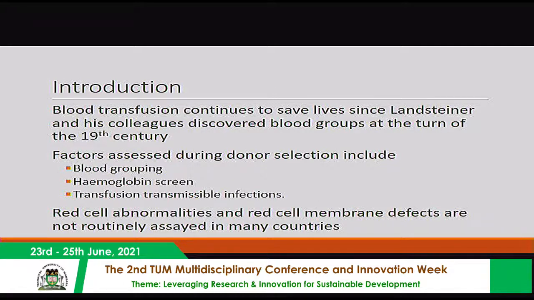Diseases such as HIV are acquired. We also have things like your hemoglobin level, which is what you have yourself. Ideally we assess these factors so that when we give someone else your blood, they can gain from it.